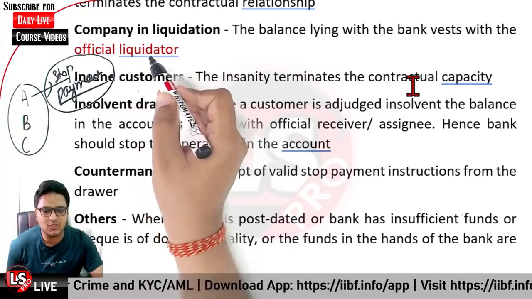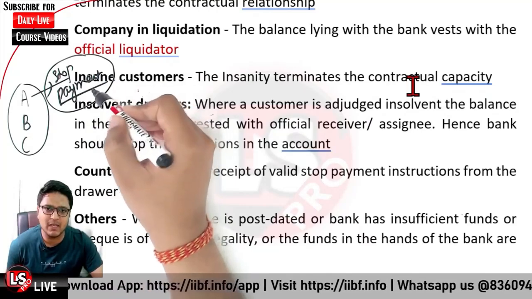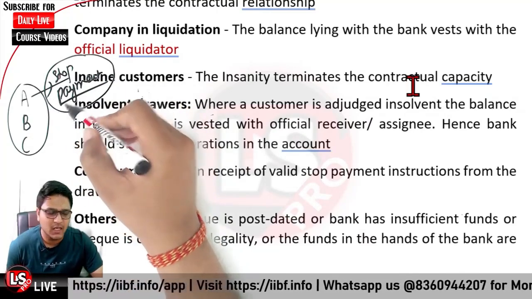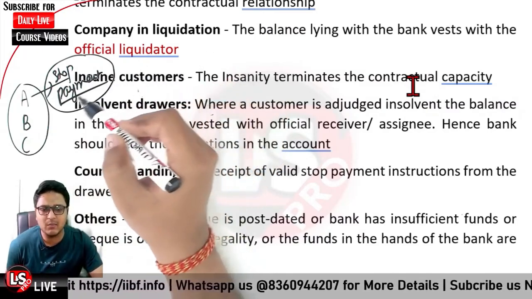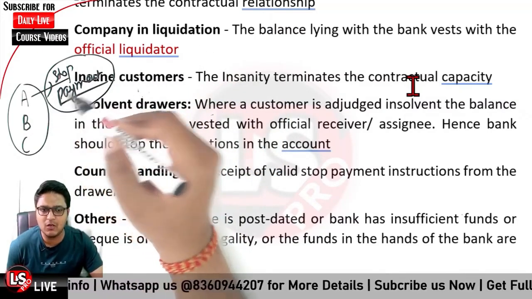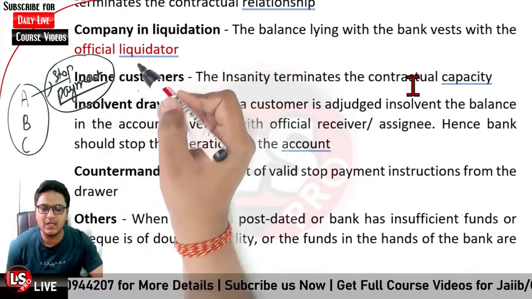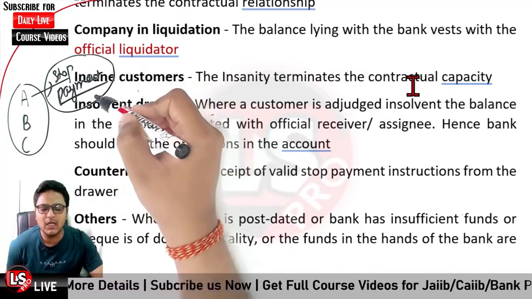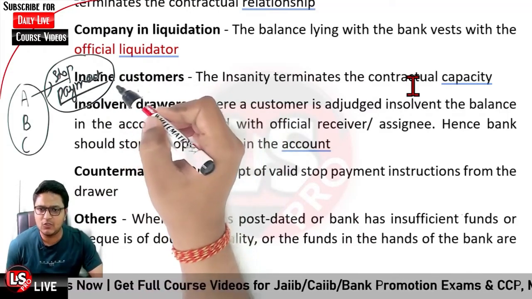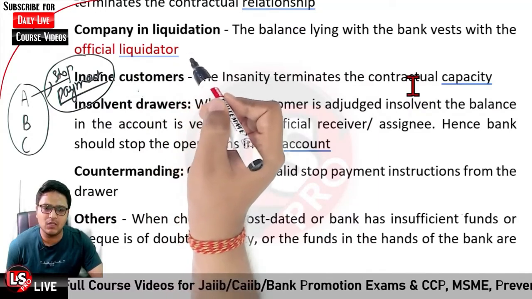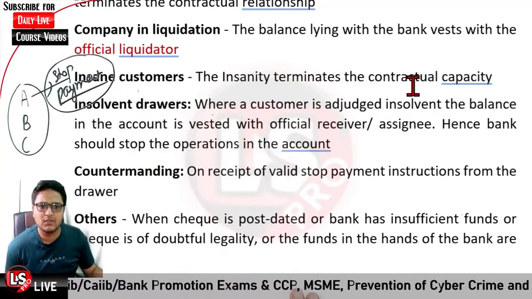So we can say the instructions to stop payment of the check were given by person A individually, and A now wants the check to be payable again. Can it be done individually by a partner or not? No, it cannot be done individually. It is to be done with the consent of all the partners. Okay, that is regarding the stop payment.